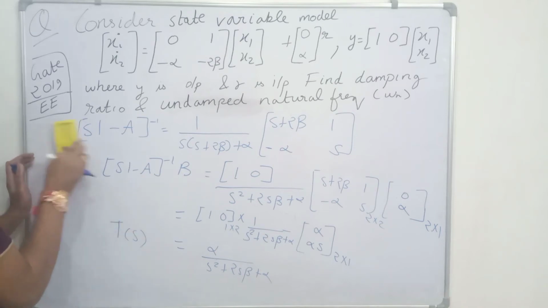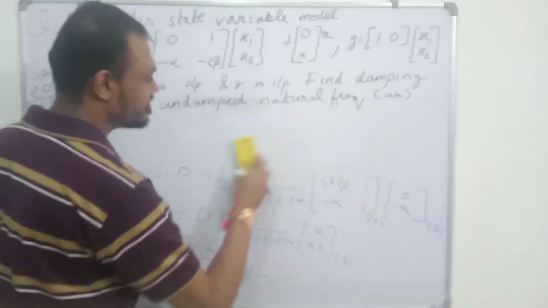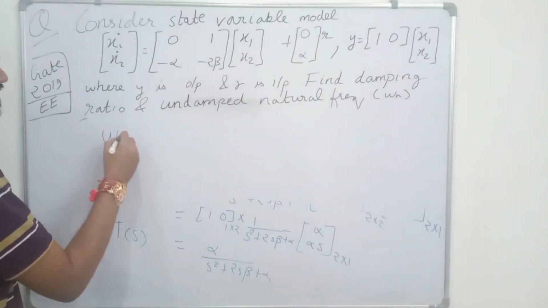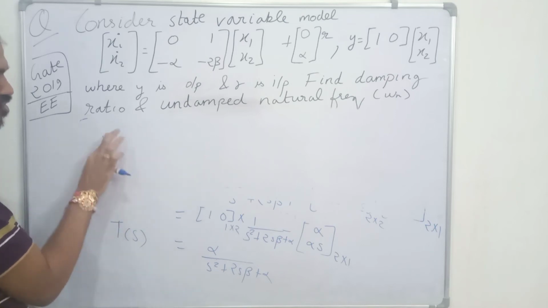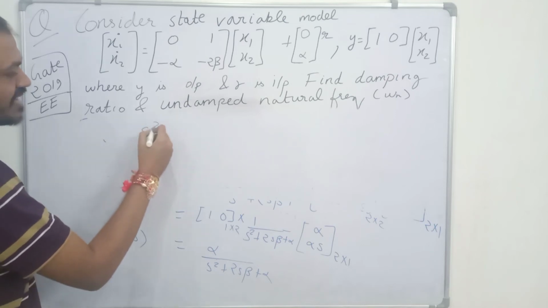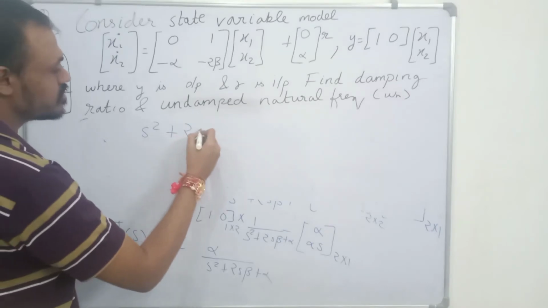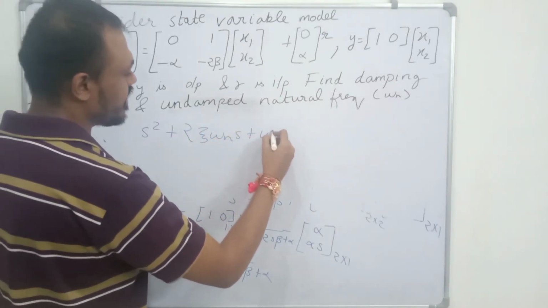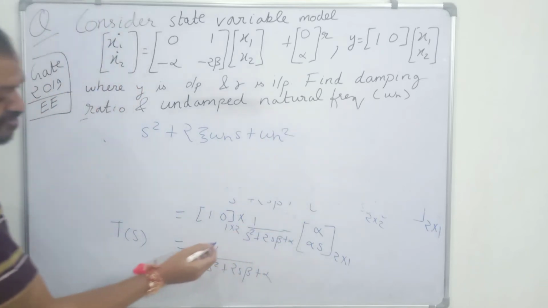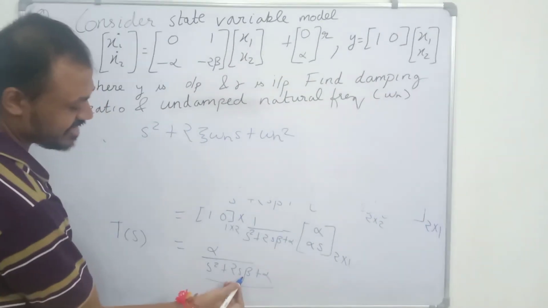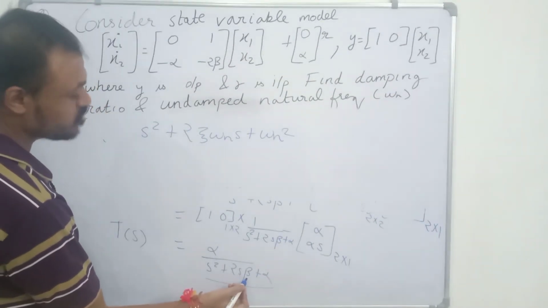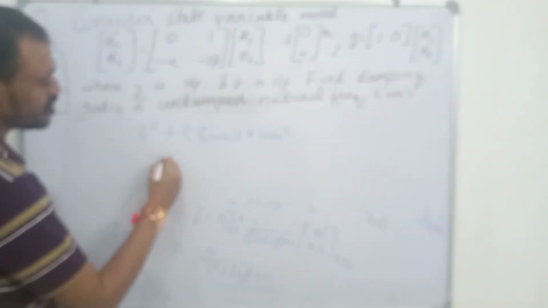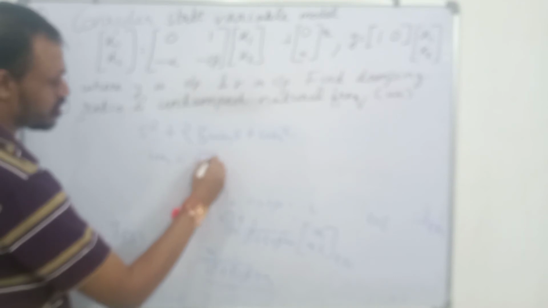From the transfer function we can easily see omega n, the undamped natural frequency. Normally the denominator is of the form s squared plus 2 zeta omega n s plus omega n squared, so we can easily compare it. Omega n squared is alpha, so omega n is equal to under root of alpha.